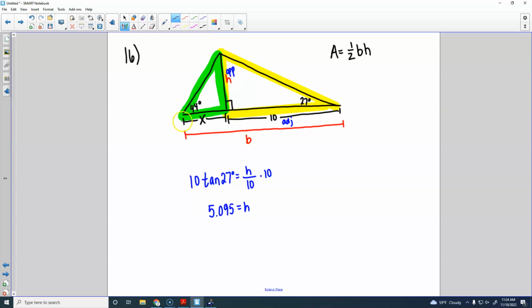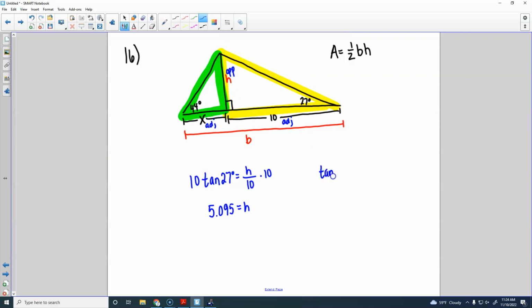So if I'm looking at this green triangle, now 44 degrees is the angle that I have. Is H still the opposite side in this triangle? It is. X, is that opposite, adjacent, or hypotenuse? Adjacent. So we're going to use tangent again.